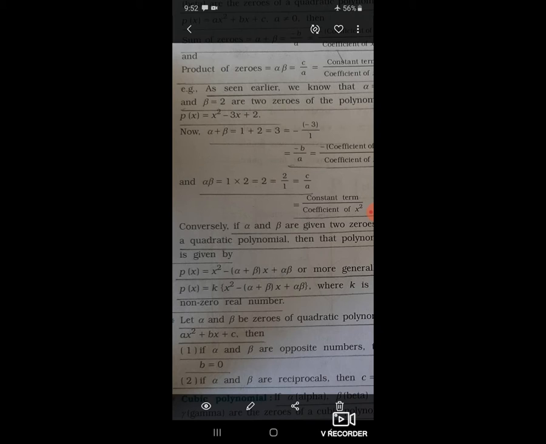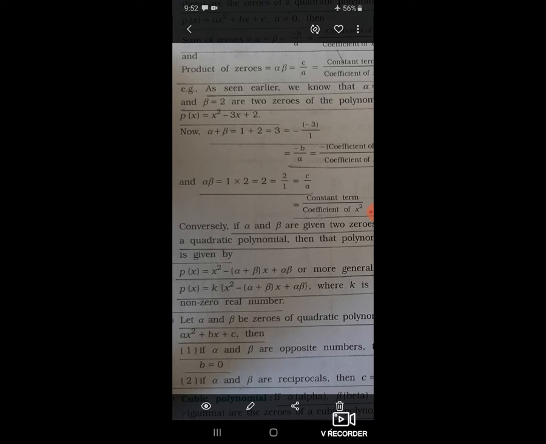Put the values in the formula: alpha plus beta is equal to minus b upon a, where b is the coefficient of x and a is the coefficient of x², which are respectively −3 and 1. So putting the values, −(−3)/1 is equal to 3/1, which means 3.